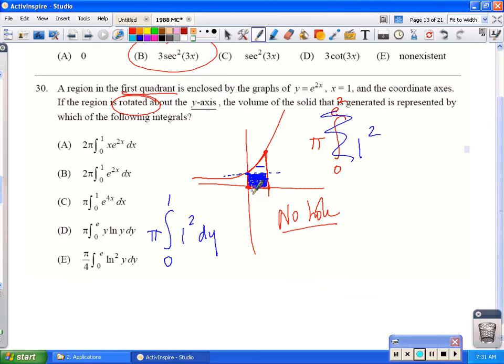Okay, so then I would have to add that to, I'm going to change colors now, I'll go with, I guess, a green or something. Now I need to find this region in here. So I'm still going to have pi because I'm revolving. I'm going to start where I left off at a y value of 1 and an upper value of e squared.